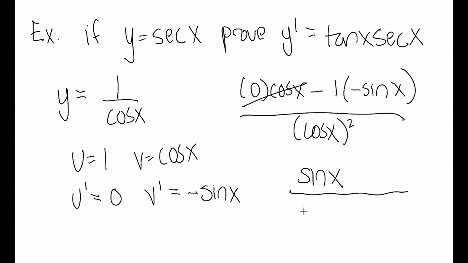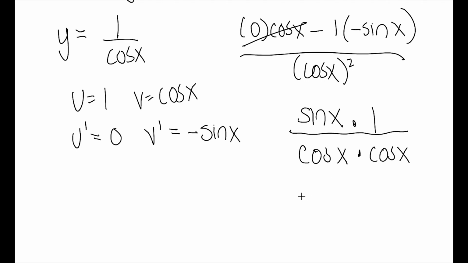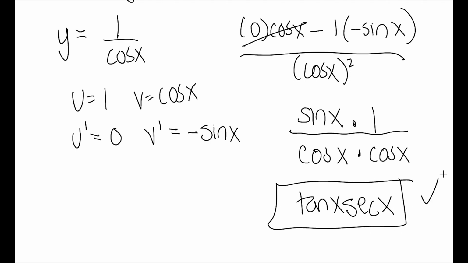In the denominator, cosine squared equals cosine x times cosine x. So here my sine x over cosine x becomes tan x, and my 1 over cosine x becomes secant x. So that's what they were asking us to prove.